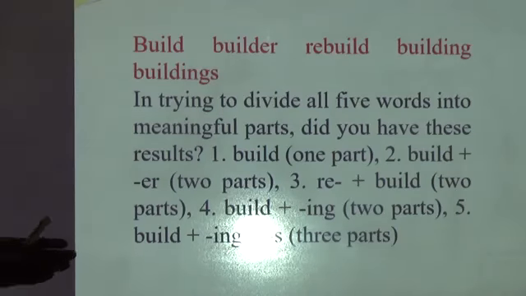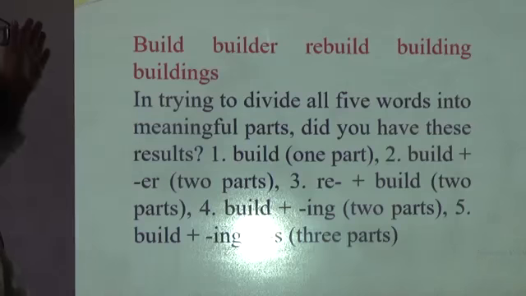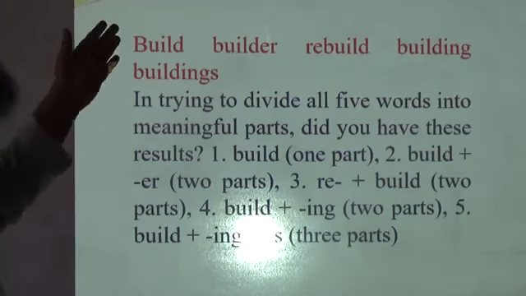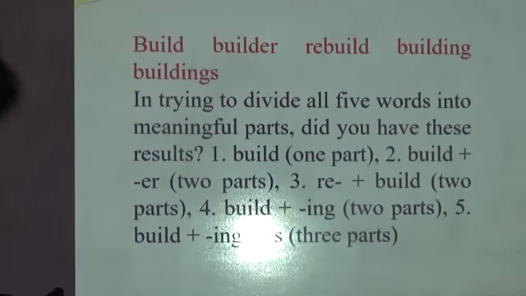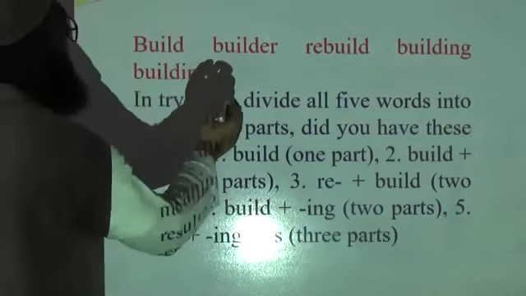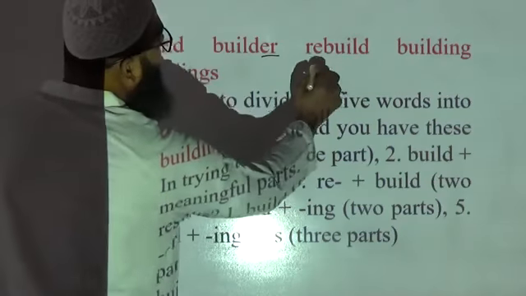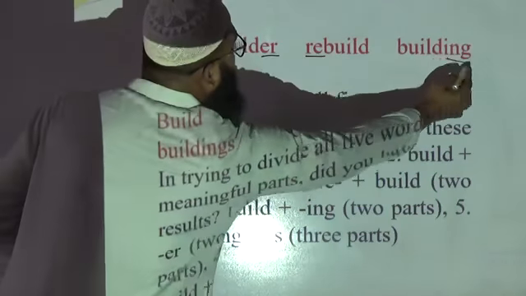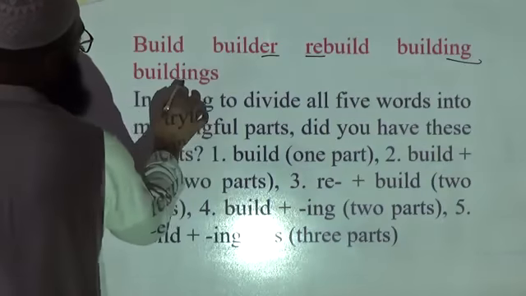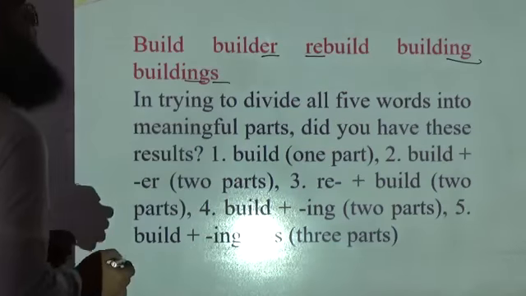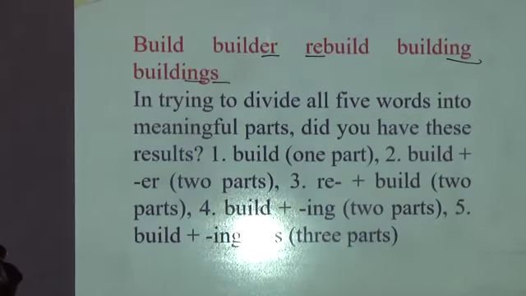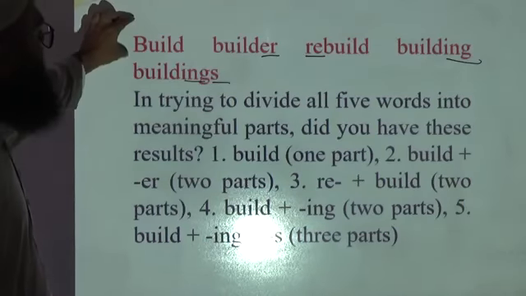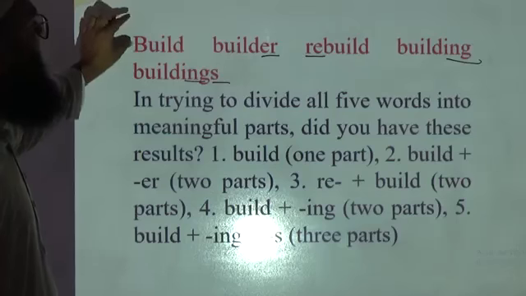Here there are some words in red color: build, builder, rebuild, building and buildings. Here we have some small units, before the word and after the word. If I say build, here build is only one unit.